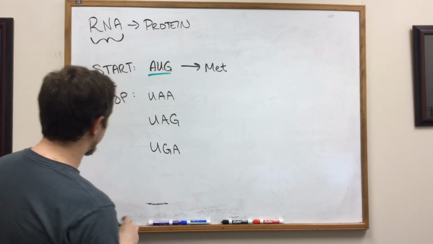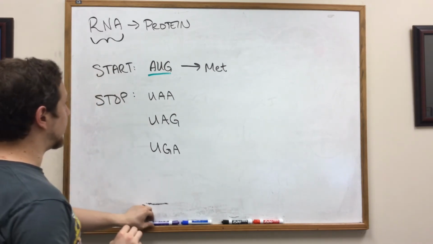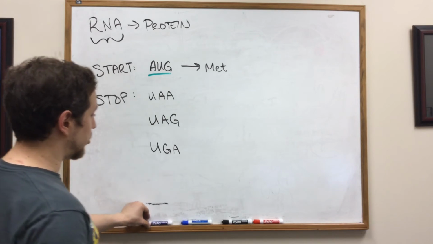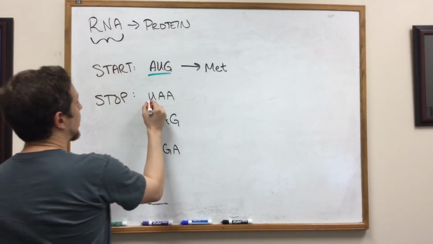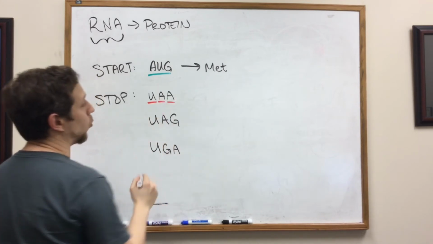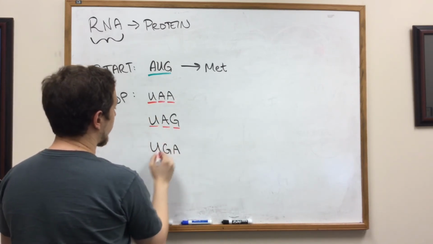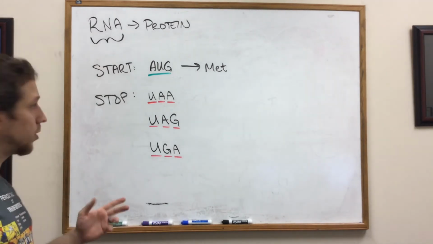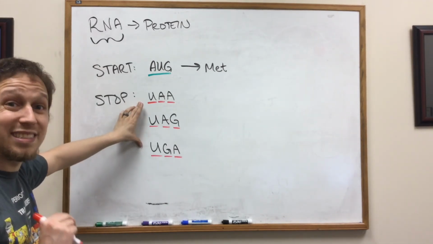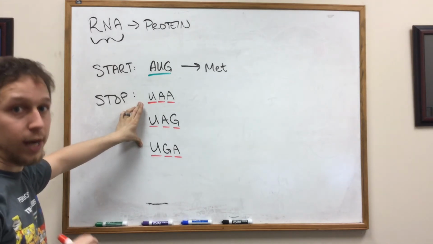For the stop codons, instead, we're going to use initialisms. Okay? That is, we're going to pretend like each of these stands for a word. And by doing that, hopefully, we'll make it easier to remember what these stop codons are. Now, these stop codons signify the termination of translation.